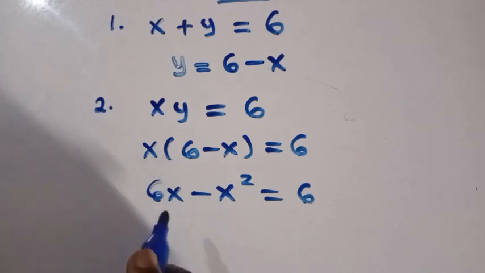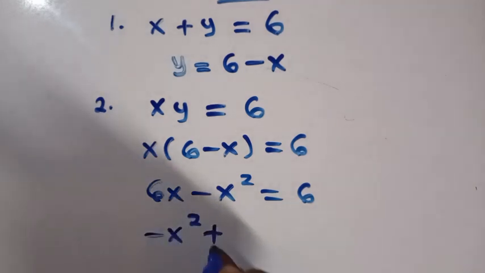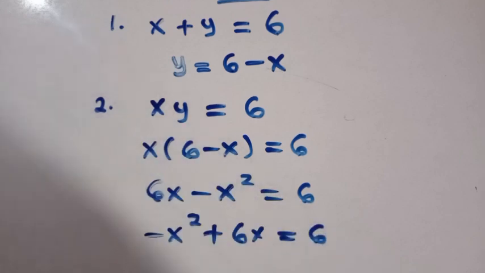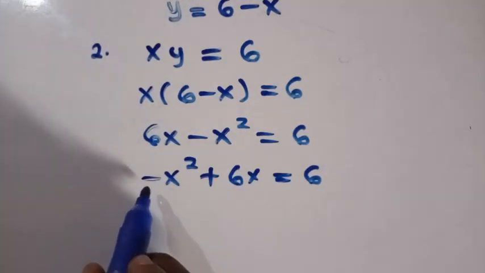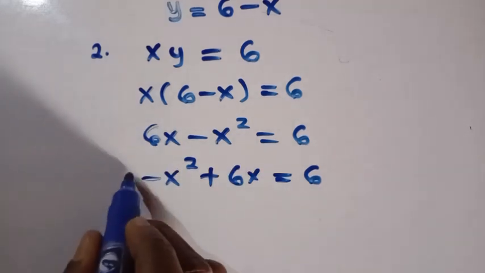And by rearranging this, we have minus x squared plus 6x equals 6. And then let's expand this out with negative.